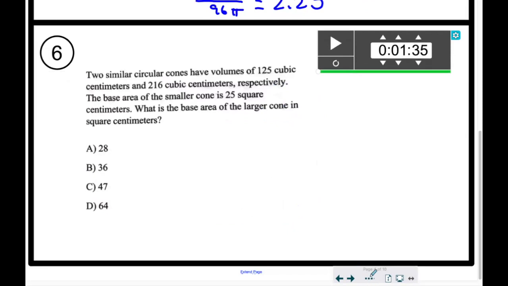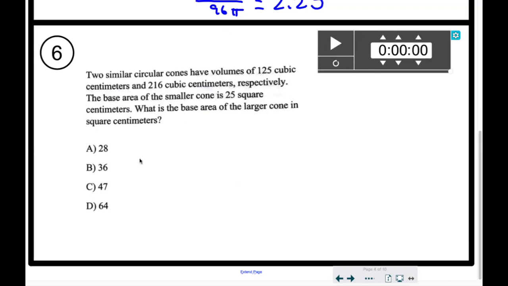Okay. So another one, where this one is another one with scale factors. This one's a little bit more challenging, but again, if we try to use the formula for a cone, I feel like that just makes it even more complicated.